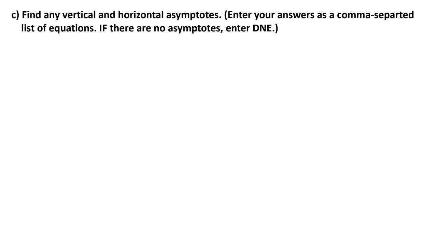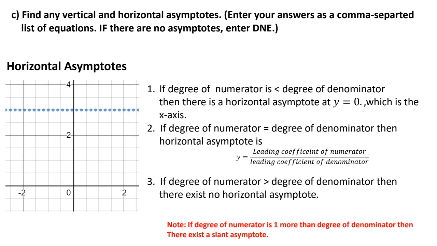So let's answer the second part, the horizontal asymptote. For horizontal asymptote, we have several cases. We have these 1, 2, 3 scenarios that will determine if we have a horizontal asymptote. The first case says if the degree of the numerator is smaller than the degree of the denominator, then there is a horizontal asymptote at y equals 0.